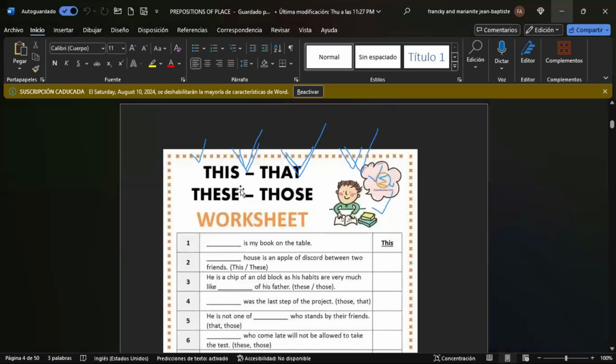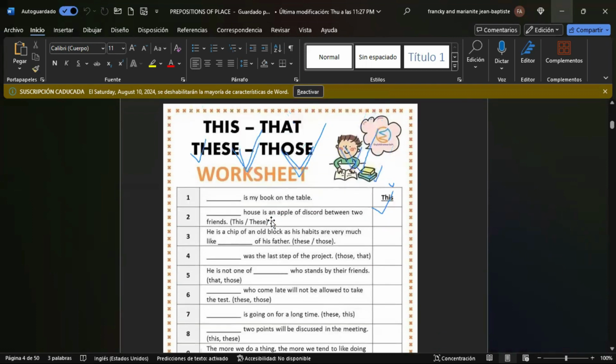Today we have this, that, these, and those. In the worksheet, they say in the blank spaces you have to put this or that or these or those. They give you one example and they say the answer is this.